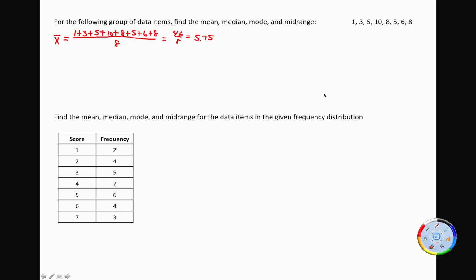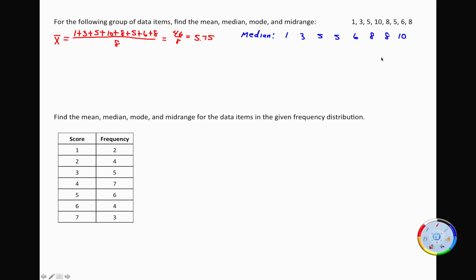Okay, to find the median, I need to rewrite those data pieces in order. So 1, 3, 5, 5, 6, 8, 8, 10. Double check that I've got them all. There should be 8. 1, 2, 3, 4, 5, 6, 7, 8.